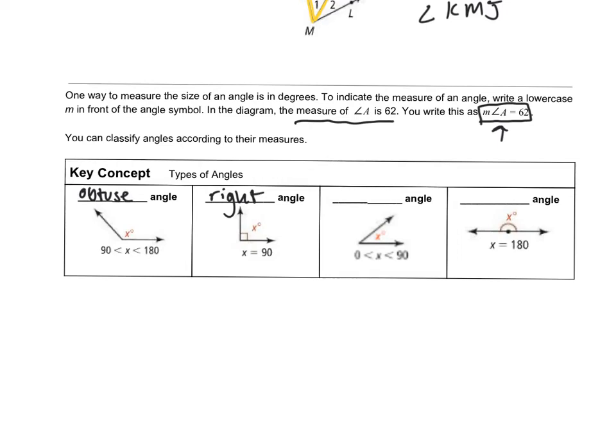Now, if we have an angle that is greater than 0 but less than 90, we call it an acute angle. And then lastly, when we have a straight line, basically when x is equal to 180, we call it a straight angle.